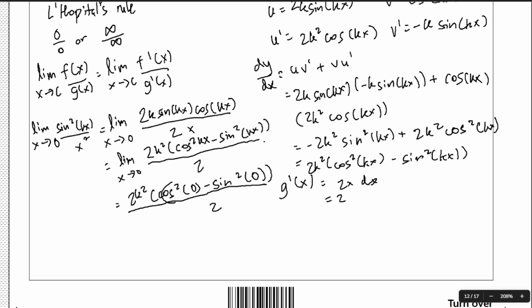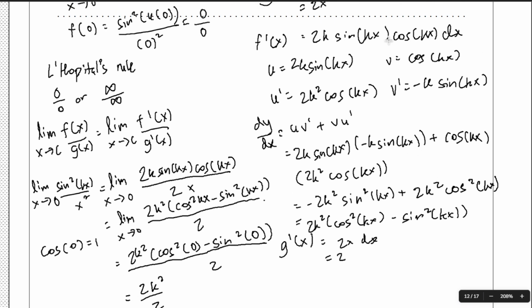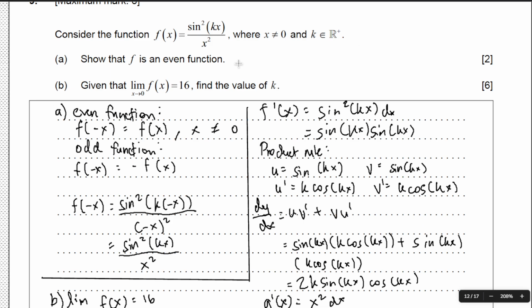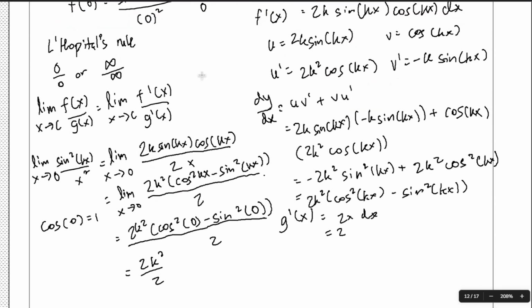Also cos 0 is equal to 1. Remember that? So it would be 1 minus 0 right here, so it would just cancel out. You would have 2k squared over 2. And now we can see that our limit of f of x as x goes to 0 equals 16.